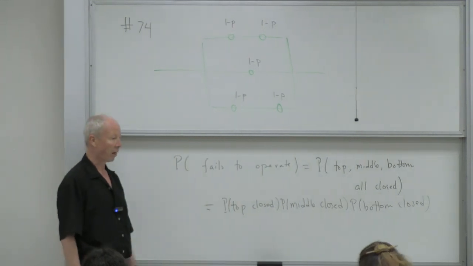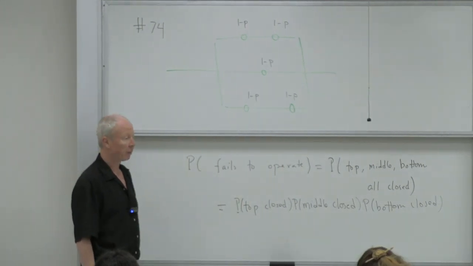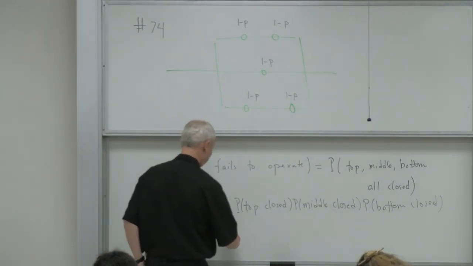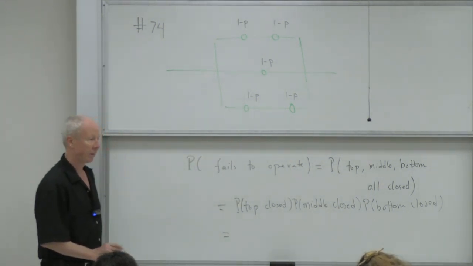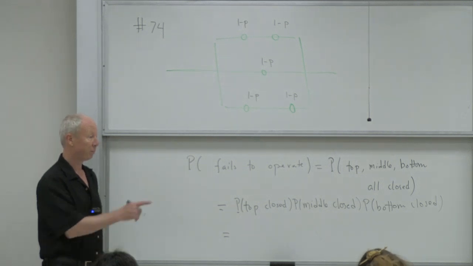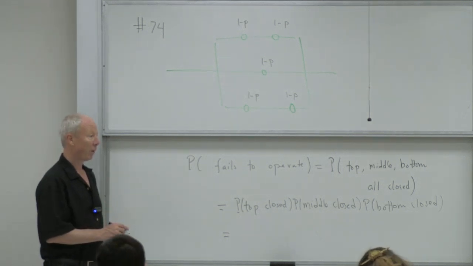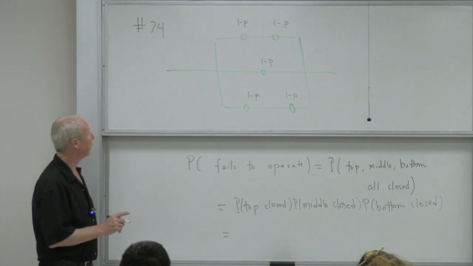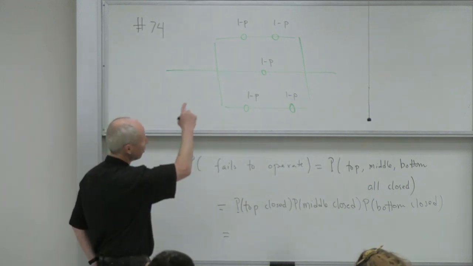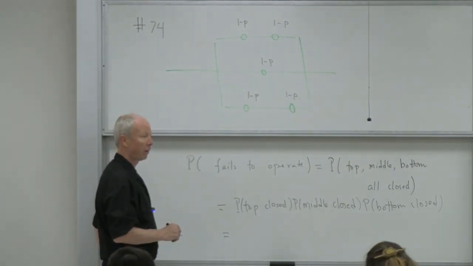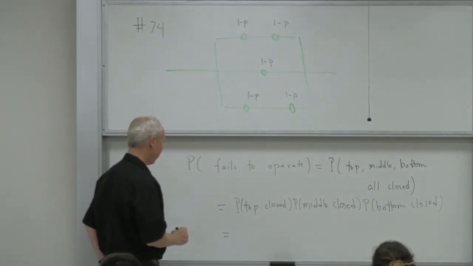So what's the probability that the top is closed? Well, that'd be p squared, since both have to be closed. So p plus p? Well, how about this?